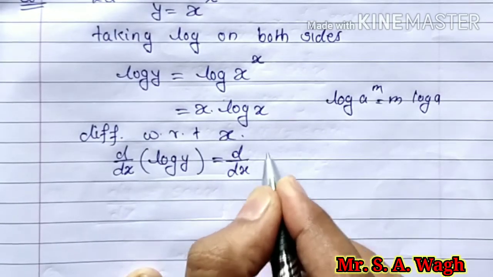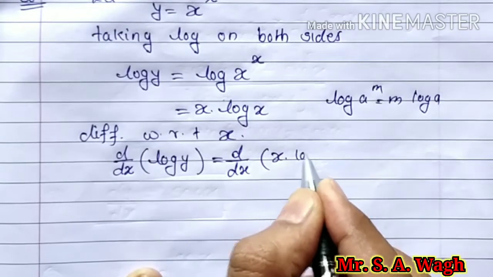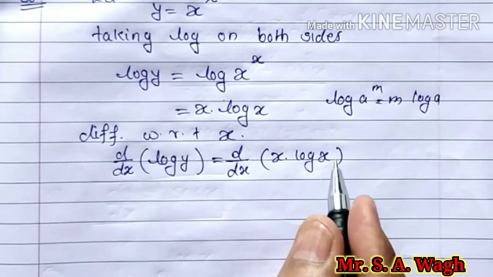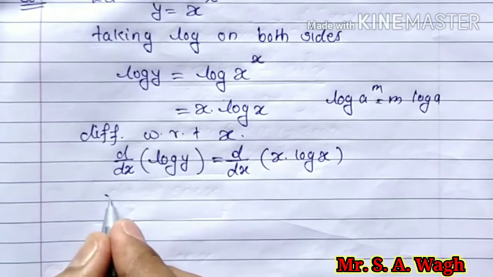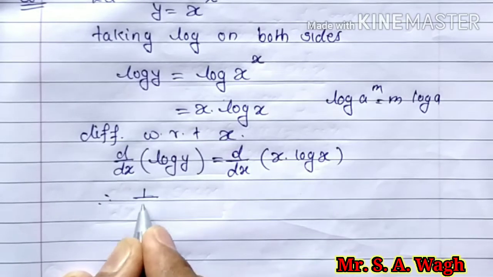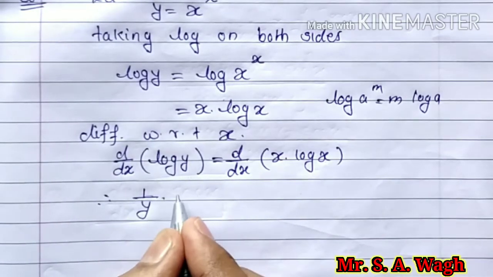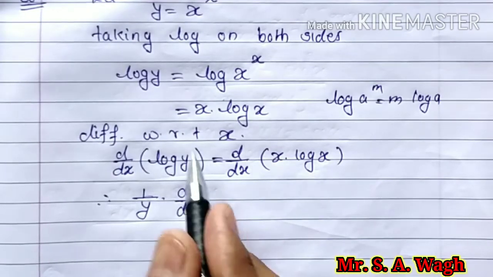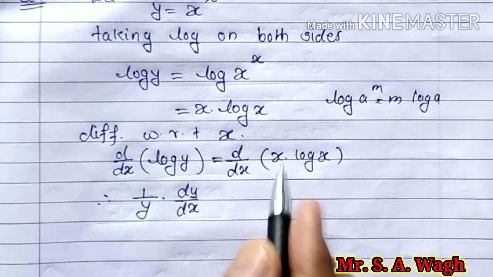And on this side, the derivative of x into log of x can be obtained by using the multiplication rule. The derivative of log y is 1 by y as the formula, and the derivative of y is written in the symbol dy by dx. So the derivative of log y is 1 by y into dy by dx.